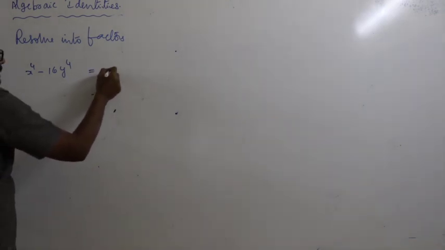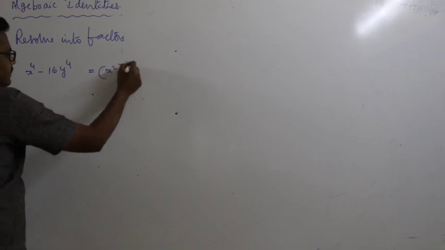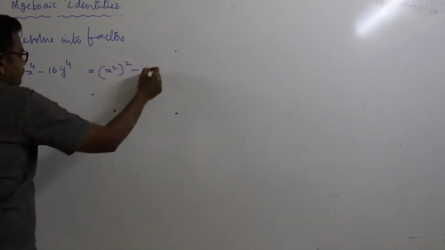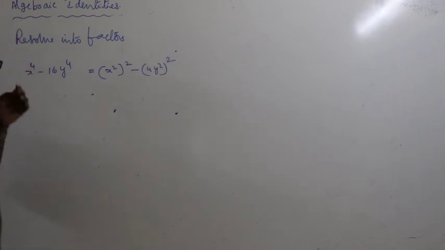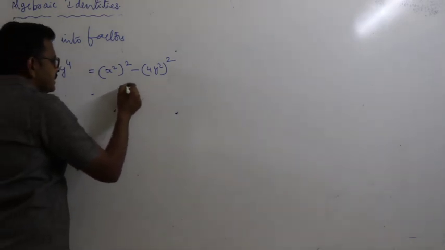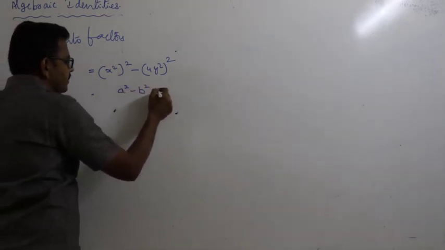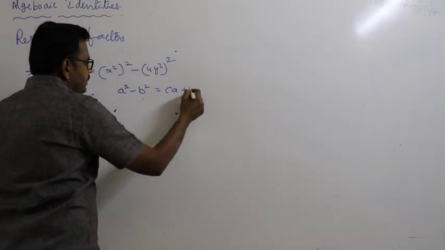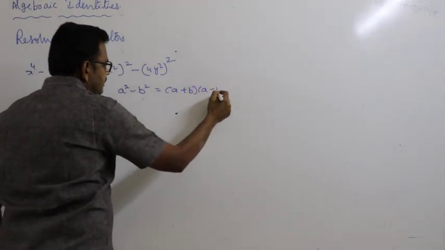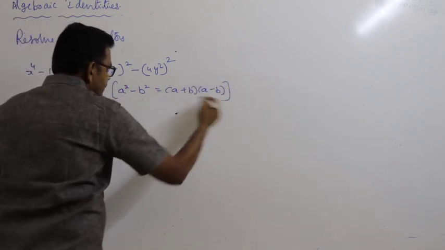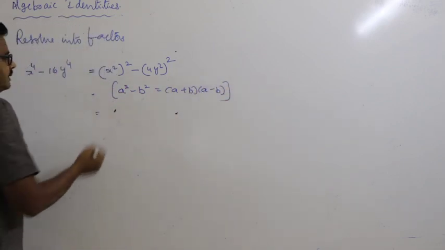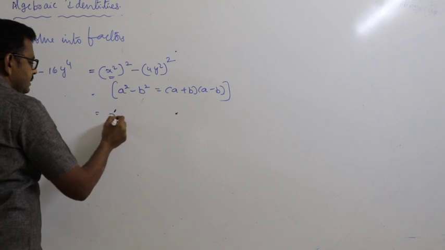You write x square whole square minus 4y square whole square. This is a square minus b square form, a plus b into a minus b, where a is x square.